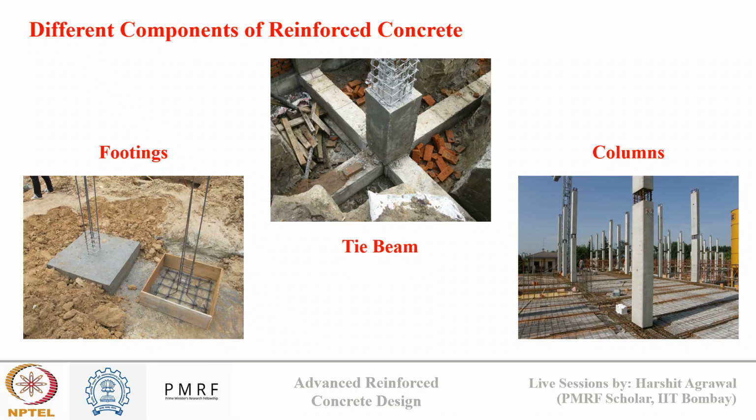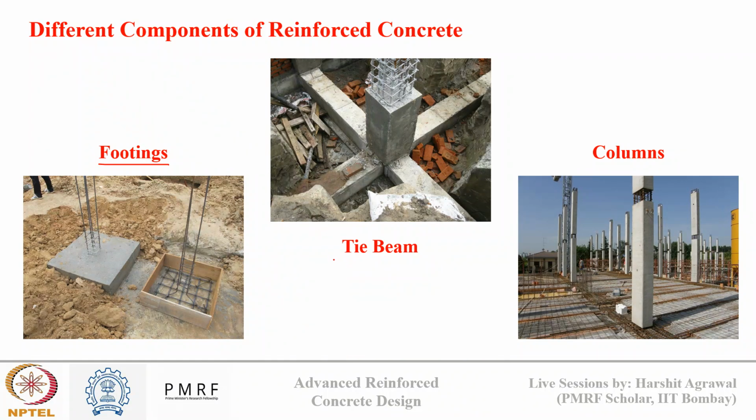If we visualize these components, we have footings, which form the base of any construction project and connect the above ground part to below ground level, transferring the load to the subsoil.